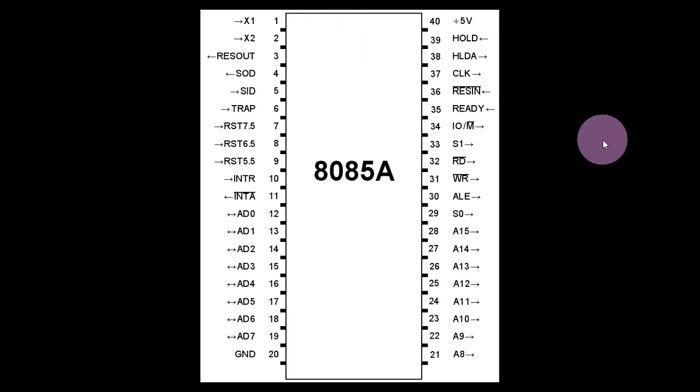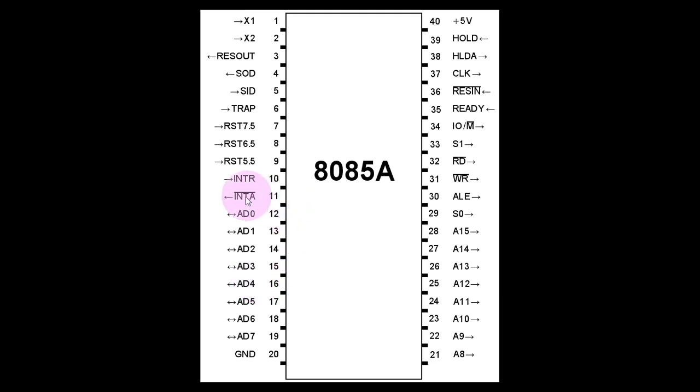Now, to begin with, this is the 8085 IC when the top view of it is seen. This diagram is important because it shows the 40 pins together with their functionality and their directions. You see that there are various signals written here, right? The directions tell you simply that a pin is either taking data or giving data, and some arrows are bidirectional, meaning it can take and give data both.